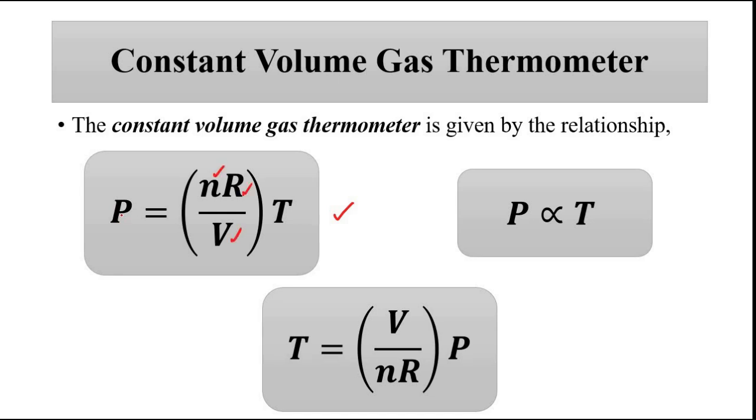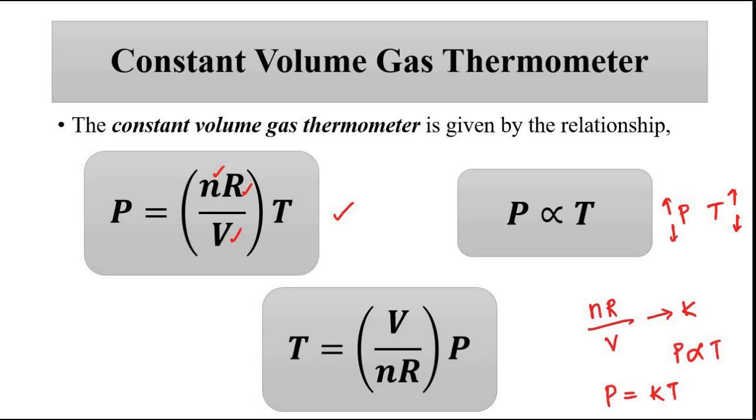So this nR/V we can write as a combined constant K. So P = KT, or pressure is directly proportional to temperature. So the temperature fluctuations will cause proportional fluctuations in pressure also, as it is directly related. So here the temperature is measured with respect to the pressure readings.